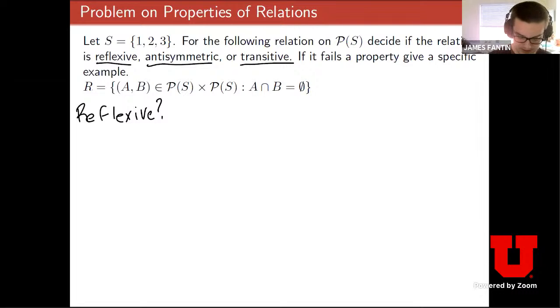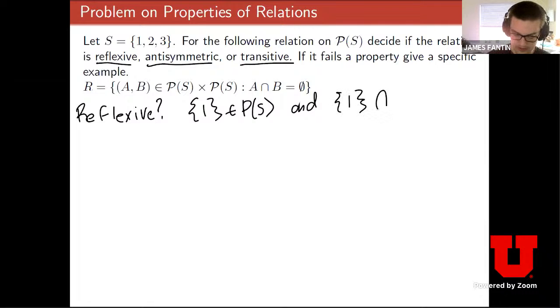So let's consider the element {1}. That's in the power set. And if we take the set containing 1, intersected with {1}, that equals the set {1}. And that's not the empty set.